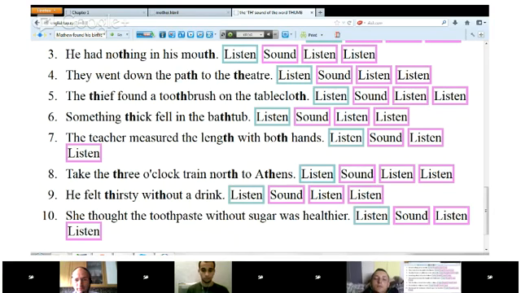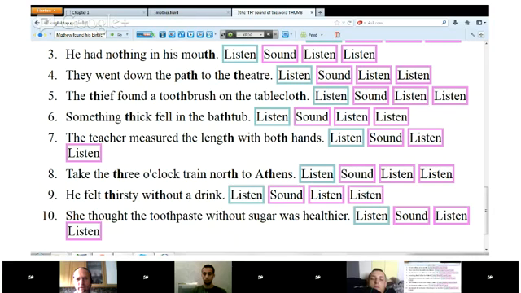The teacher measured the length with both hands. Right. Sounded a bit French. Where are you from? No, I'm from Ukraine. Okay, well, now I can hear that more, but some of the words a bit. So first of all, measured has an S sound, so that looks like me because it's got an EA, but it's measured, and it has the je sound, which is like television.